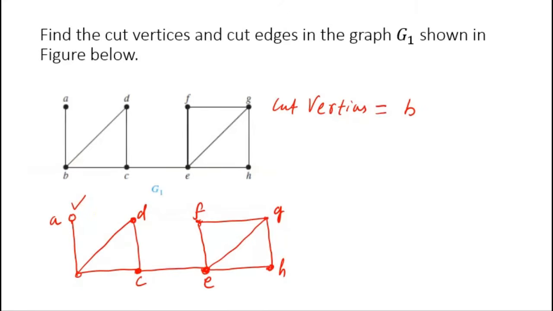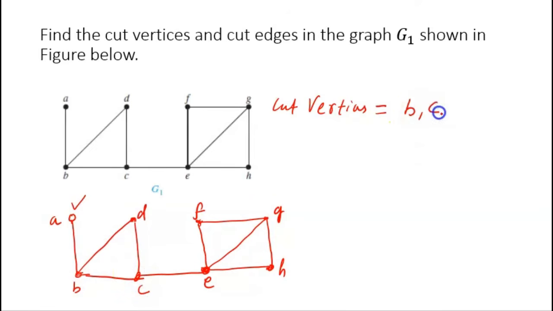Now if I talk about the vertex C, if I remove C, the vertex C will be removed and all the edges incident on C will also be removed. So this graph also became disconnected. So clearly the vertex C will also be a cut vertex. I write B here and C here.